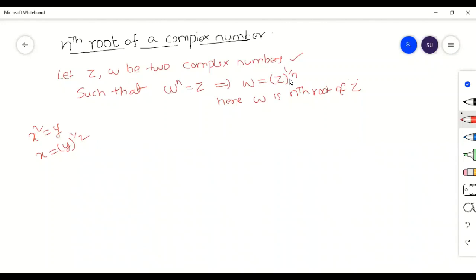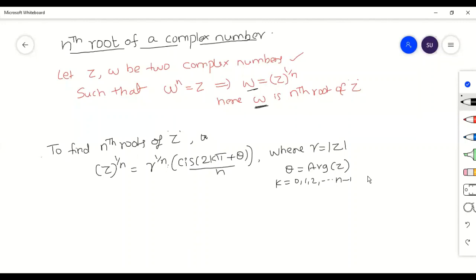Here w is called the nth root of z. That means this w will have n values. Now by using a formula, we can find the values of w, that is nothing but the nth roots of z.